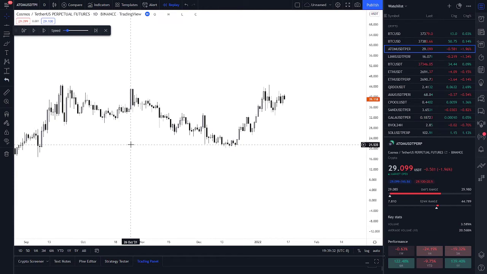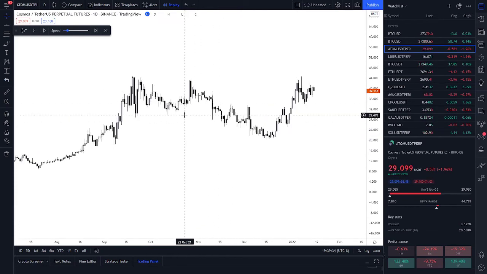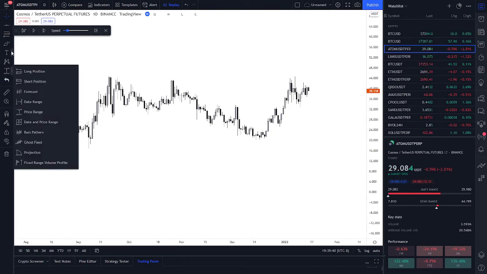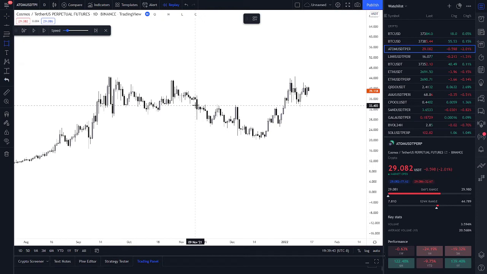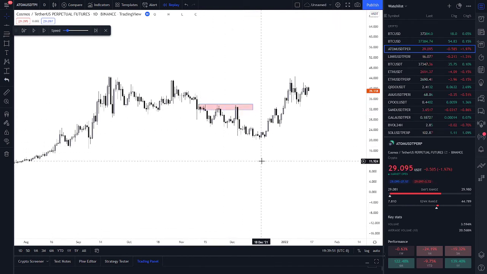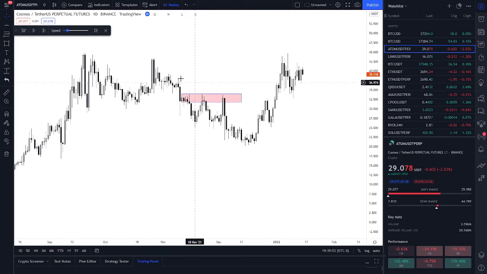Where was a supply zone? Maybe not on, oh here. Right? We have downwards movement, consolidation, downwards movement.